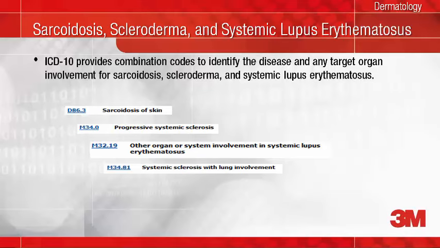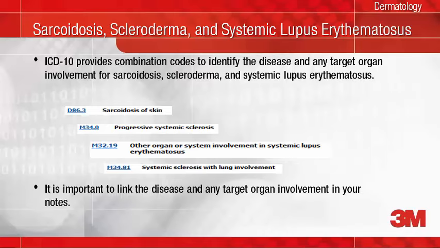Another component they have in common is that ICD-10 provides combination codes to identify the disease and any target organ involvement. This is good news because only one code will be required to report the condition and target organ involvement, if any, instead of the minimum of 2 codes that were required in ICD-9. All you will have to do is to make sure to link the disease and any target organ involvement in your notes.